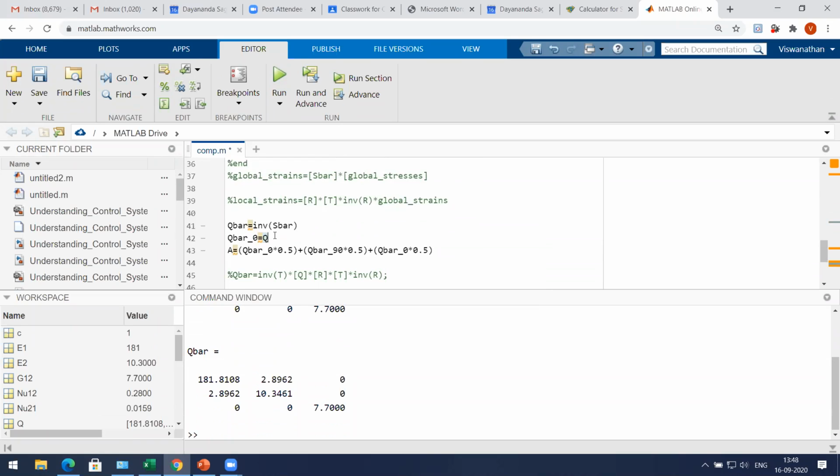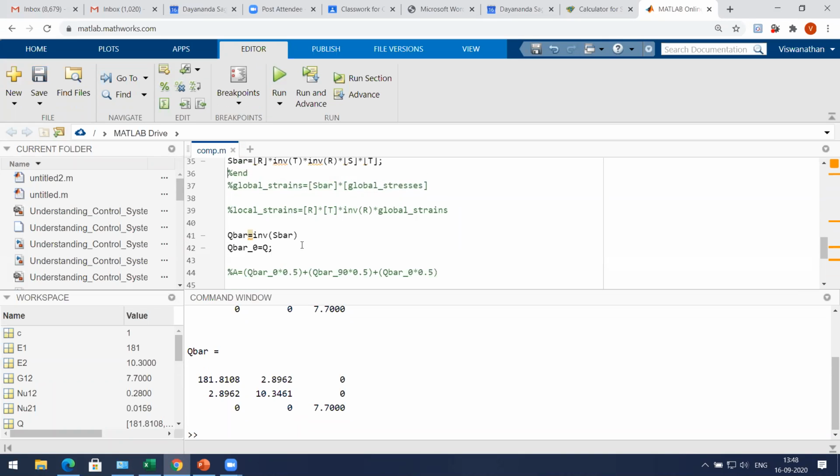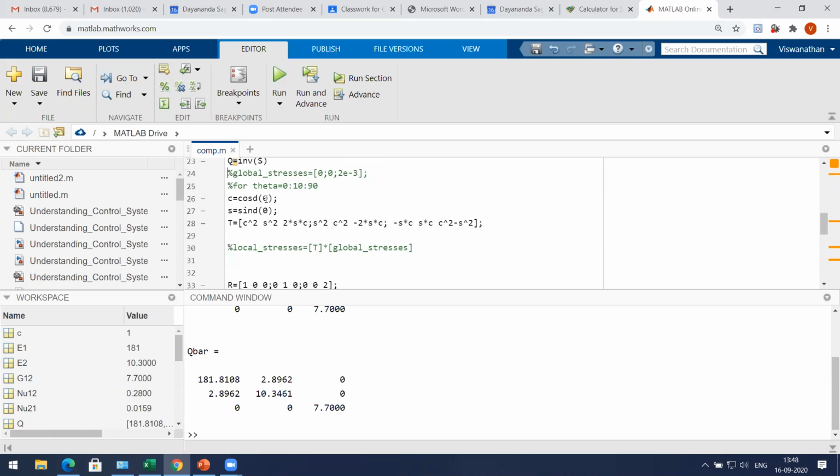We need to define Q bar underscore 90. For that, let's calculate. I'll comment this A matrix for now. I want Q bar at 90 degree, so I'll change the angle from 0 to 90 degree and run this code.